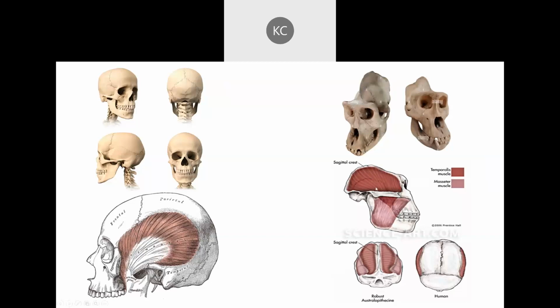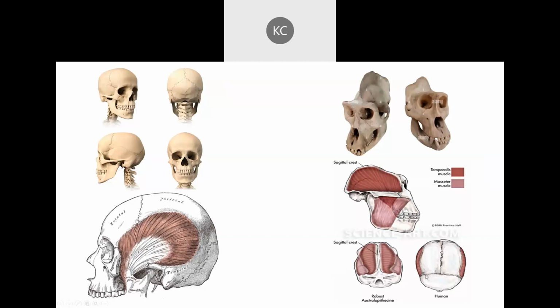All right, so you can imagine if you have more surface area for the temporalis to attach to, you're going to be able to have more leverage. You're going to be able to produce more force with the muscle. And so it turns out that a gorilla can produce a bite force of 1300 psi.